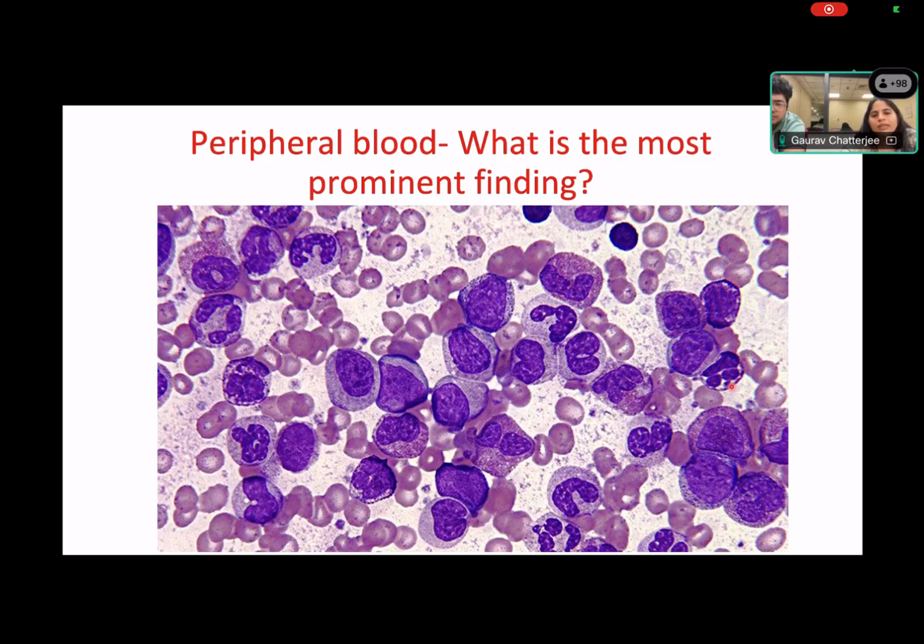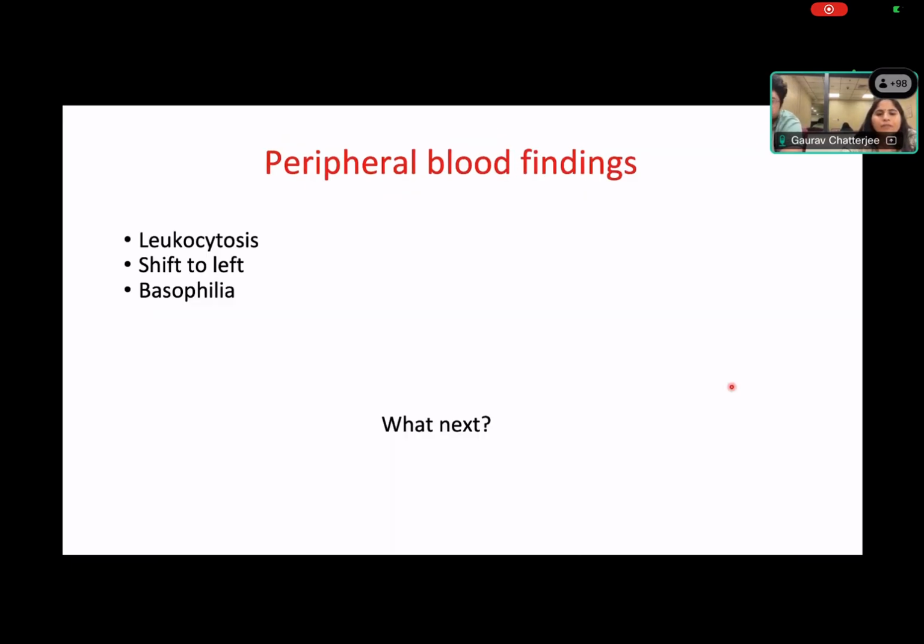So with these findings, we have leukocytosis, shift to left, and basophilia. Here we cannot call it myeloid preponderance. Why can't we say myeloid preponderance in peripheral blood? Because we cannot say whether the other series has been suppressed in the proliferating organs, and the RBC picture appears normal in the smear.